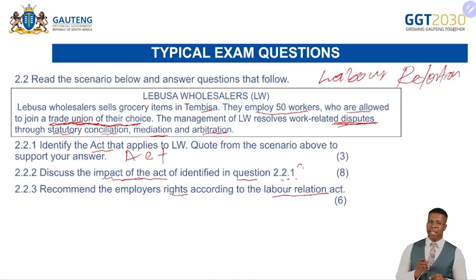So the key words for each and every act, when you're talking about the Basic Conditions of Employment Act, we know that the focus there should be on the idea that we are talking about the working conditions, we are talking about the working hours, we are talking about the leave conditions. You should know the focus and the key aspects or key terminology for each act, and you will be able to identify the correct act applicable to the scenario.